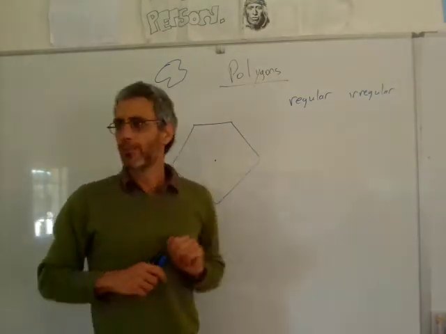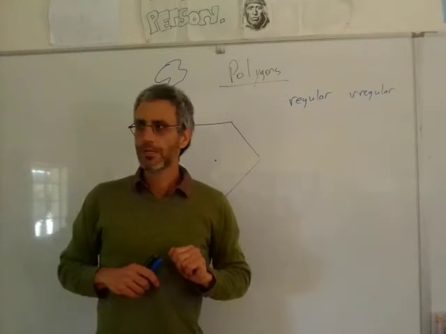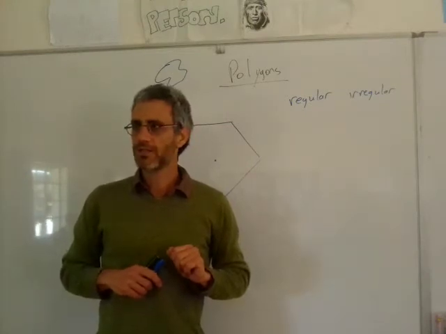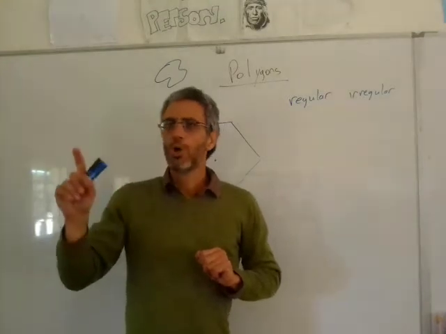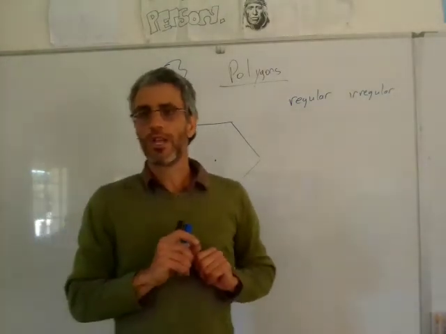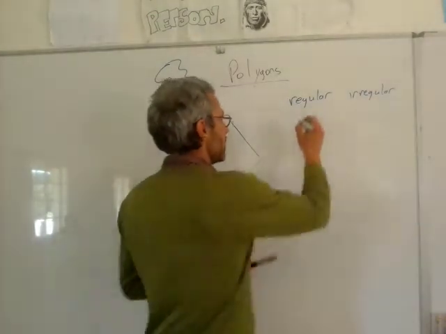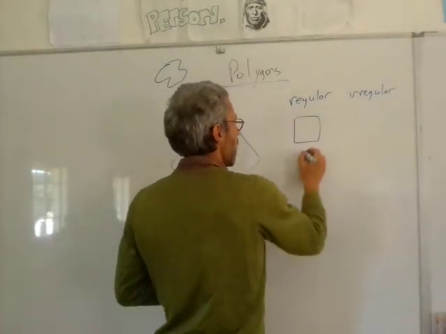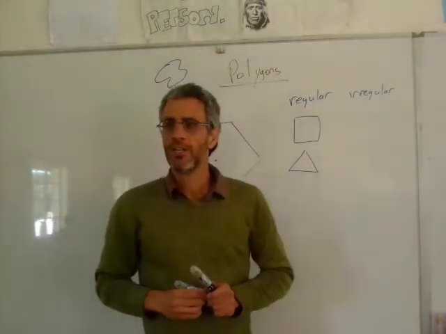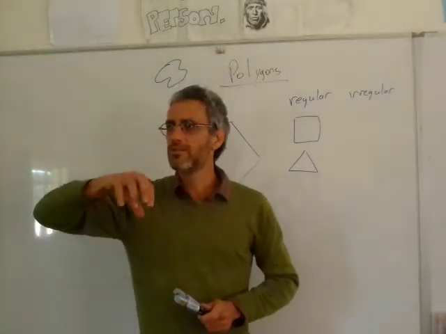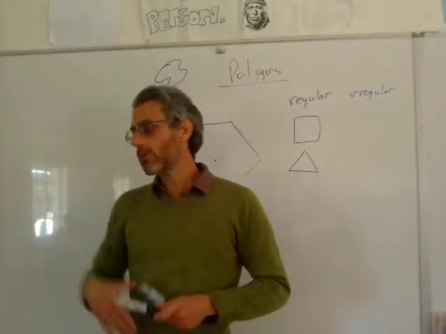What is a regular polygon? Anyone remember? Did you hear it last year? A square is a regular polygon. An equilateral triangle is a regular polygon. In other words, what is equal? All the sides are equal, and also all the angles.